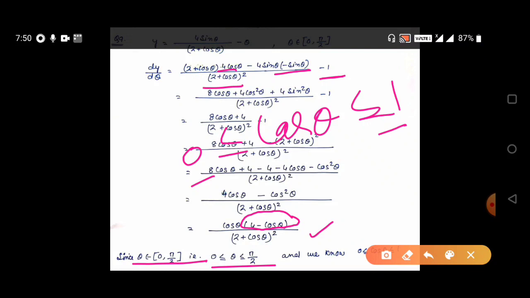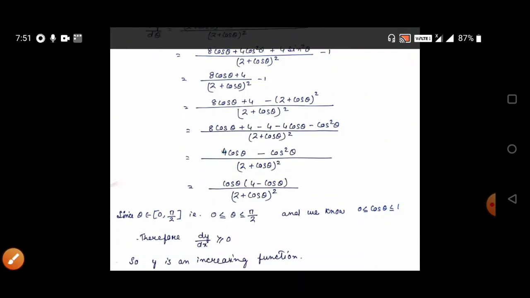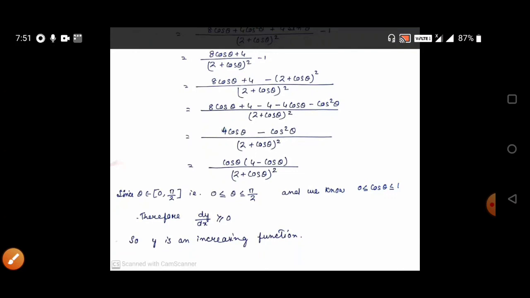It will always be greater than or equal to 0 and less than or equal to 1. It cannot be greater than 4, so it will be positive. Cos theta is also positive, and since the denominator is a square quantity, it is always positive. So in our given interval, dy by d theta is greater than 0. So from here we can say y is an increasing function.